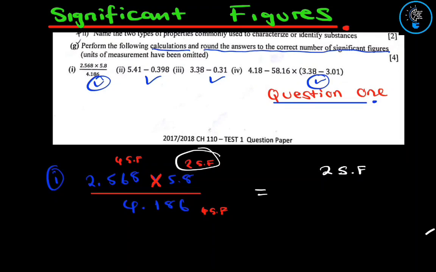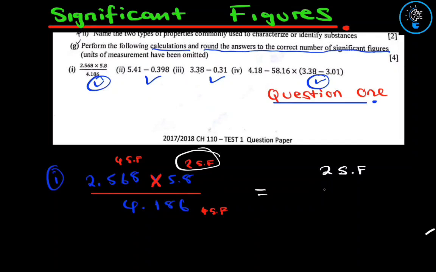Let's punch it into our calculator. 1.568 multiplied by 5.8, then divided by 4.186.